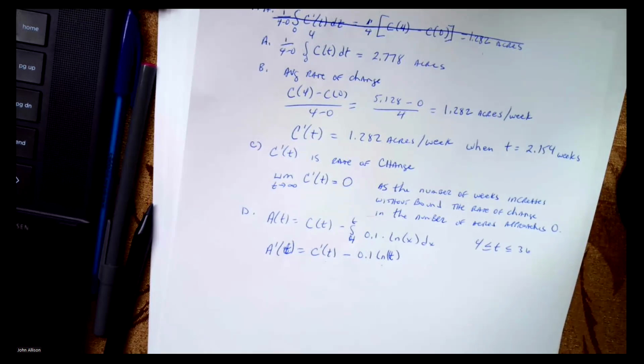All right, so now I've got my y1 set in the calculator to graph C prime of t minus 0.1 ln t. I need to change my window now from 4 to 36. Graph again. Oops, I have to change my y value too. That goes from 0 to 5, let's go negative 5 to 5.